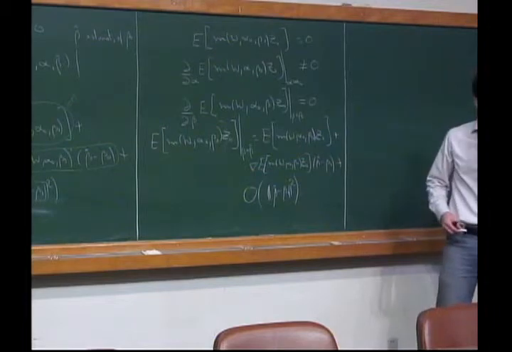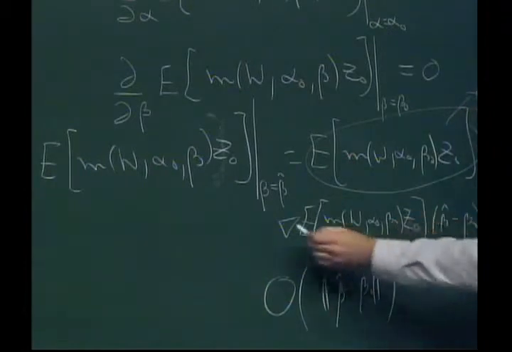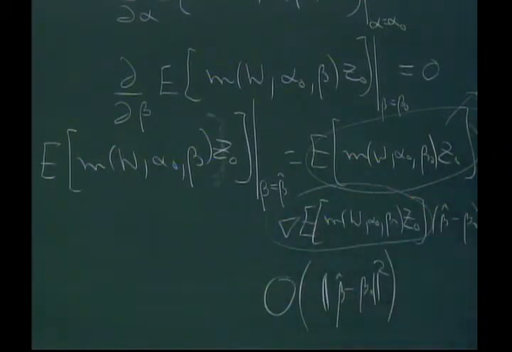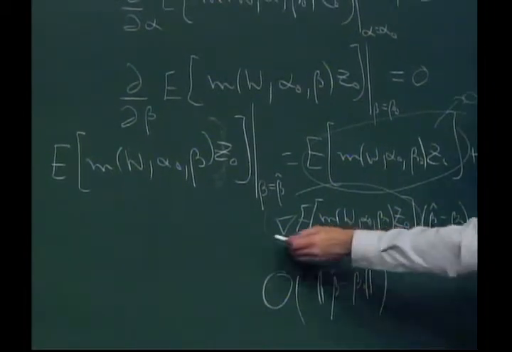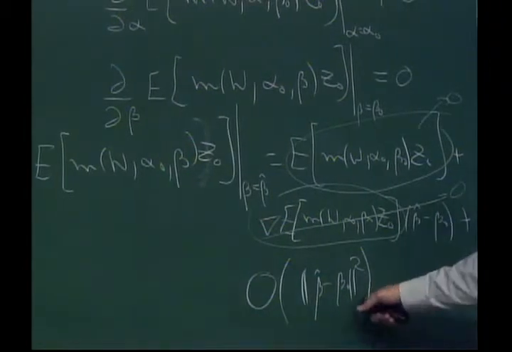Okay, same expansion. The only difference now is that this is still 0, but this derivative is also 0 by definition of the instrument. So this term is also 0, and then I have a second order term which is going to vanish.